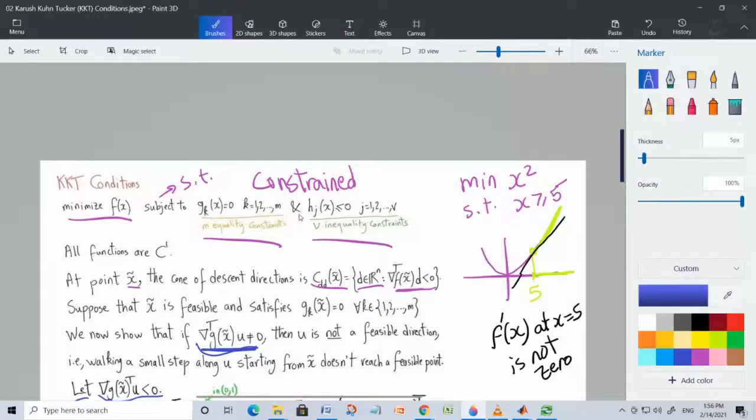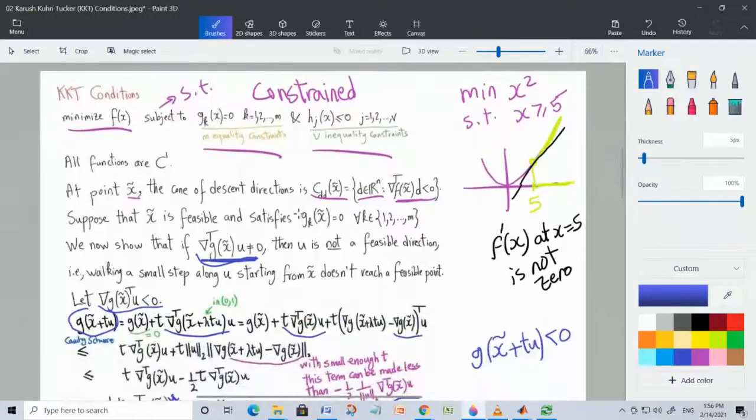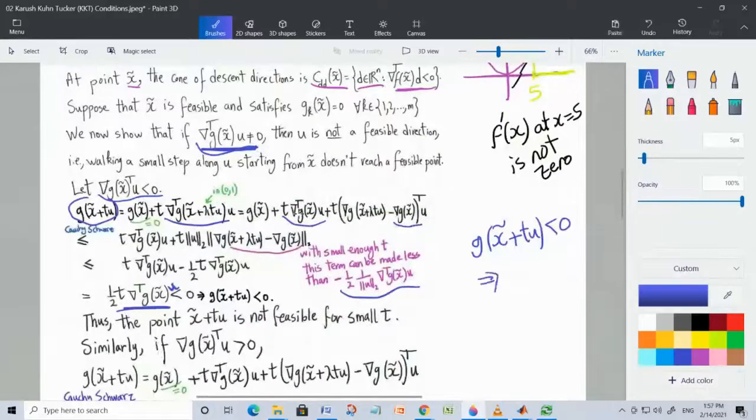That's basically how the constraint is structured. So this means that x tilde plus tu is not feasible. And hence, it's not relevant to our optimization problem, right? Again, in a constrained optimization problem, you must obey all the constraints. Okay?